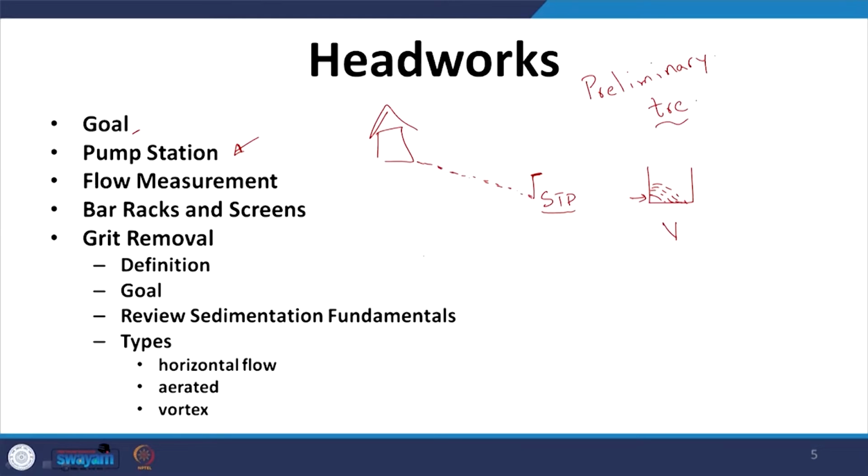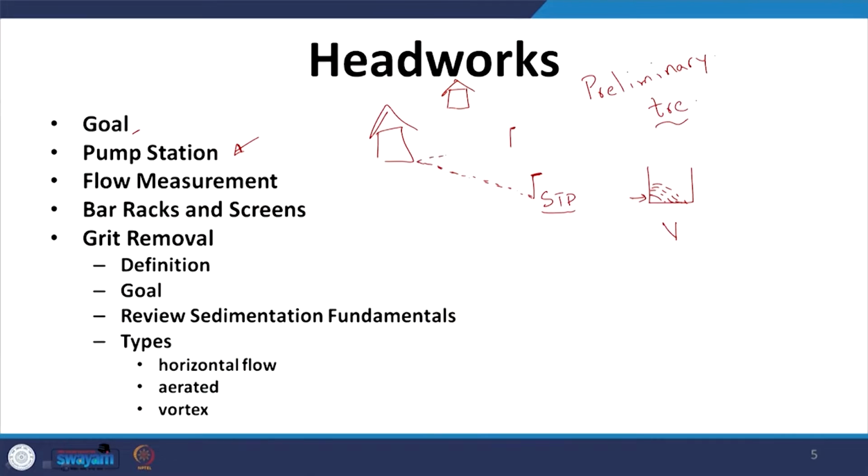And another aspect which we are not going to discuss in detail is that, for example, the STP is already out here, and some homes are here, some homes are here. This is where holistic planning with respect to sewage treatment comes into play.